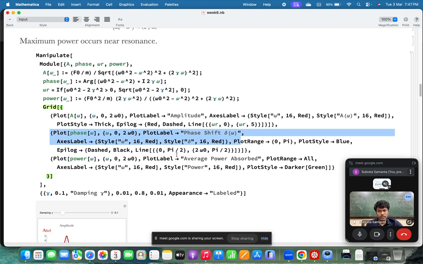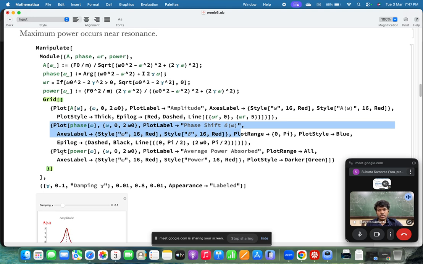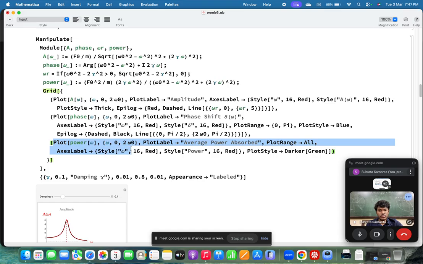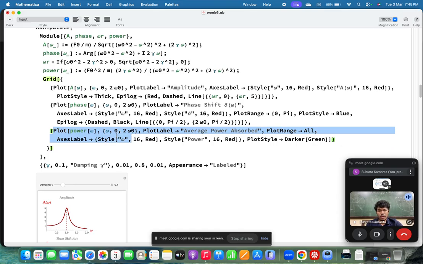I also plot the power in the third element of the grid. There is no epilog here, so I just plot only the power.